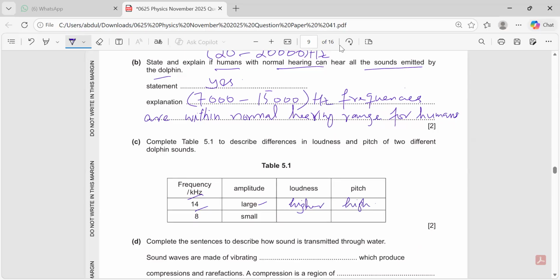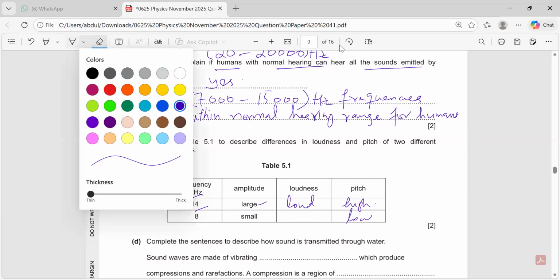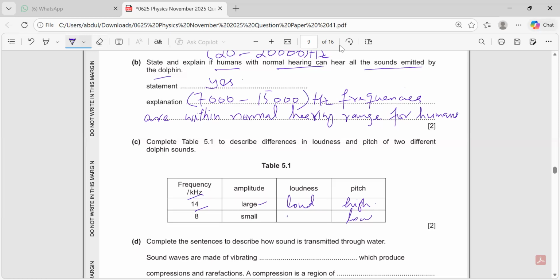When frequency becomes 8 hertz, pitch will become lower, of course, and amplitude is low. So low sound or quiet sound, you can say. Loudness: here you can say loud sound, and here you can say quiet sound or soft sound.